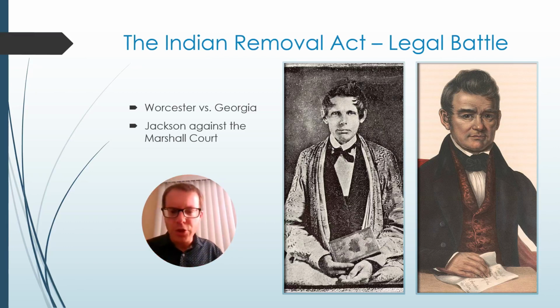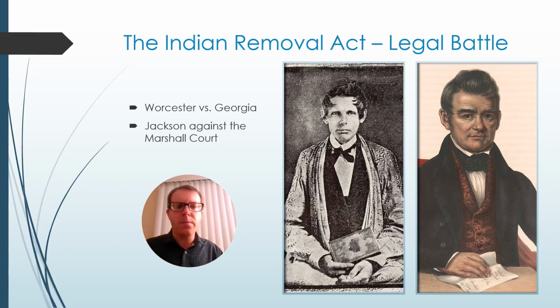There was a prominent Cherokee leader, John Ross, who was elected to the presidency of the Cherokee Nation, and John Ross was fluent in English, knew the law in and out, and formulated a legal strategy to try to attack the Indian Removal Act by going through the U.S. court systems and appealing directly to the Supreme Court.